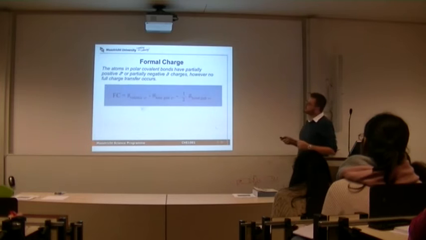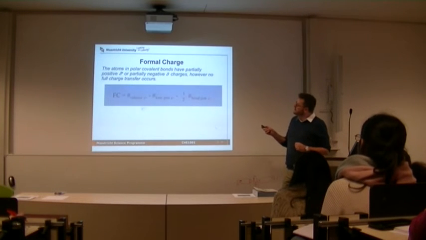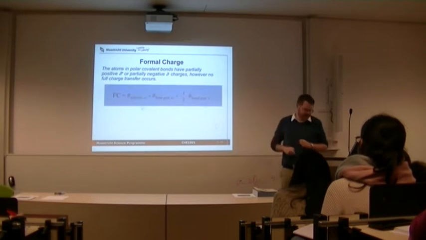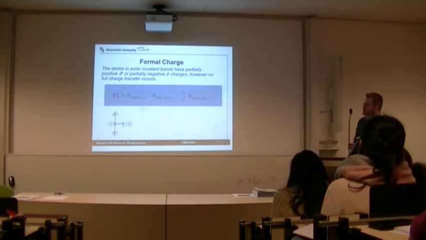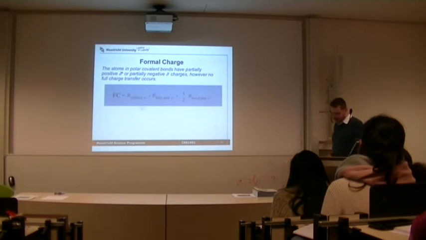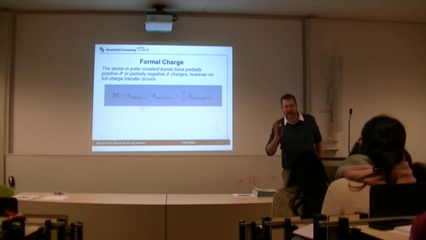The definition is that atoms in polar covalent bonds have partially positive or partially negative charges, however no full charge transfer takes place. What we've come up with as chemists is the notion of a formal charge, which is calculated by this formula. It looks very complicated, but it isn't complicated at all.